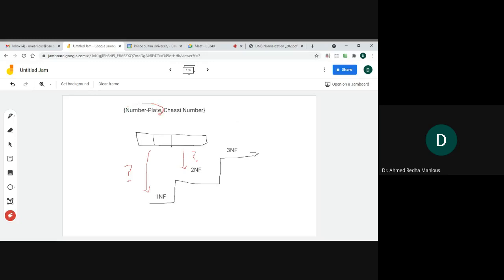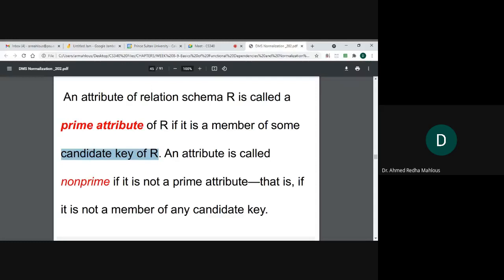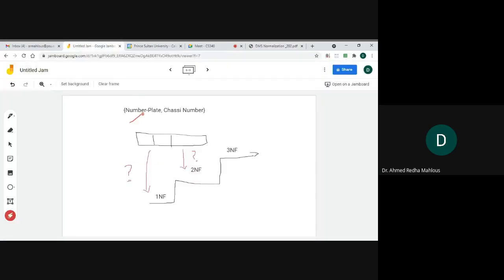Number plate on its own can be considered as a primary key, and the chassis number can be considered as a primary key as well. So this is a candidate key and this is a candidate key. This is a prime attribute and this is a prime attribute, because they are part of the candidate key list.